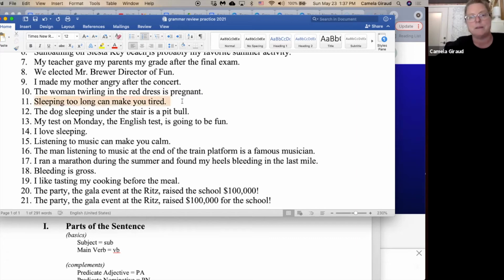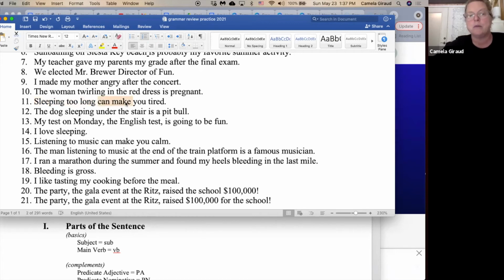Number 11, sleeping too long can make you tired. Oh, there's a thing that can make you tired. Here it is, sleeping. That's the thing. Sleeping too long, actually, let's say that whole thing goes together. And if you're wondering how that works, too long is adverbial. It's just modifying the sleeping. Okay, so it's not sleeping can make you tired, but it's sleeping too long. So that whole thing is kind of the complete subject.